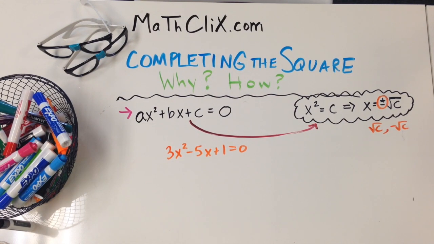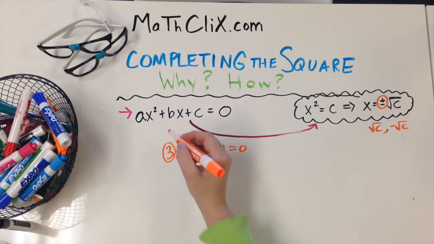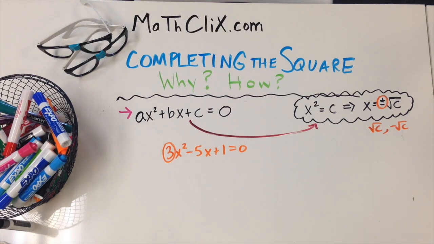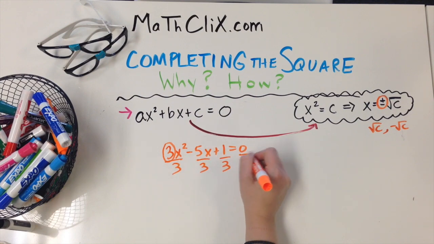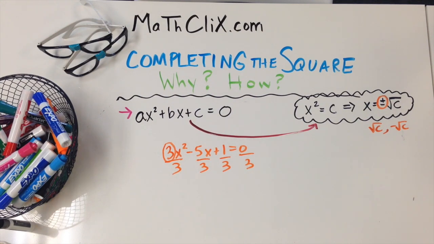This one is in standard form, but we have this 3. So before we can complete the square, we need to do something with that. We need to turn that 3 into a 1. So you can go through and divide every term of the equation by the same number, and 3 divided by 3 will be 1.